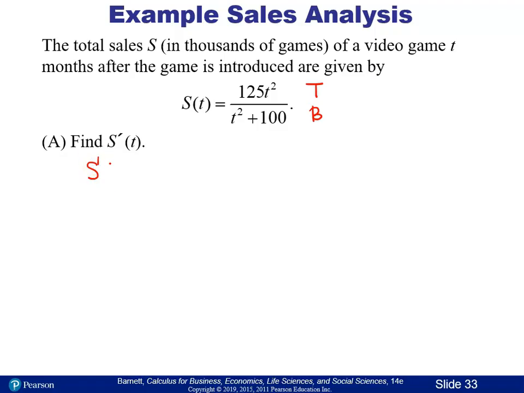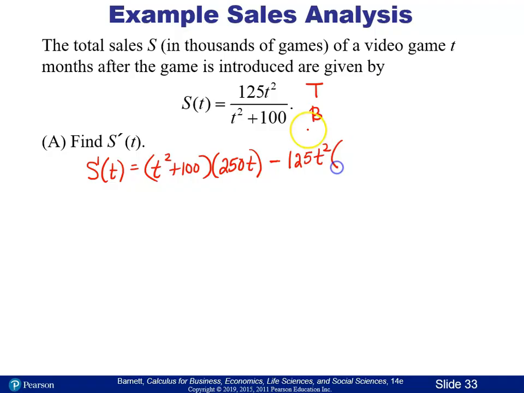So our derivative then is going to be the bottom times the derivative of the top, so 250t, minus, because it's the quotient rule, the top times the derivative of the bottom, and then all that over the bottom squared.